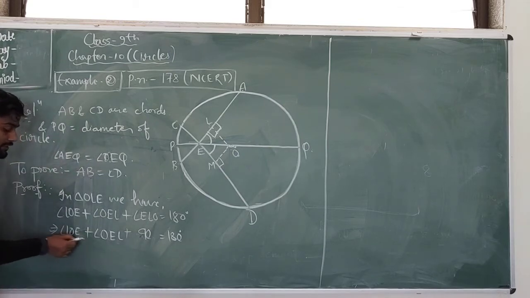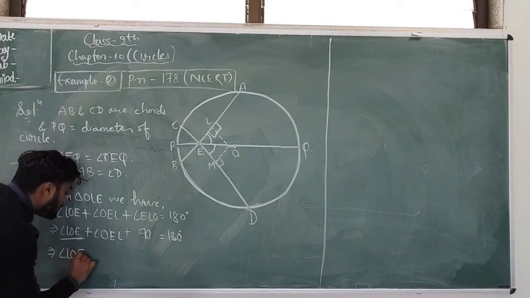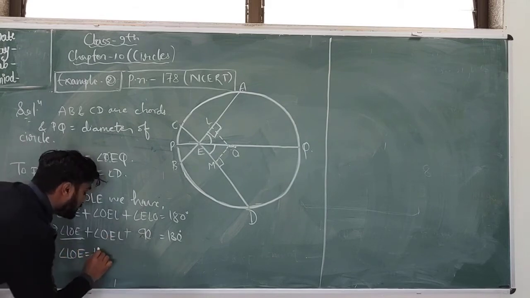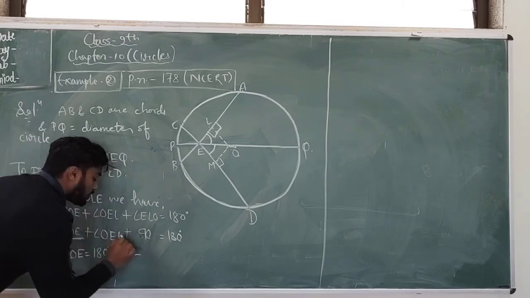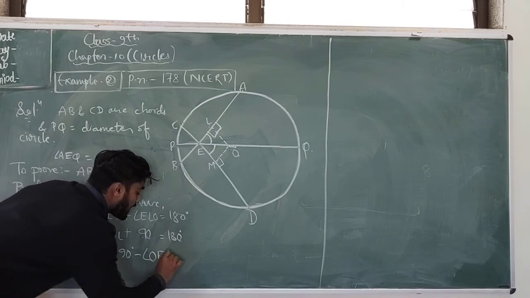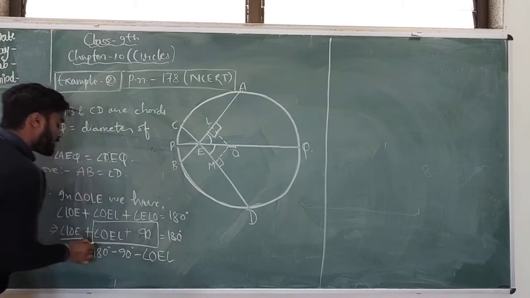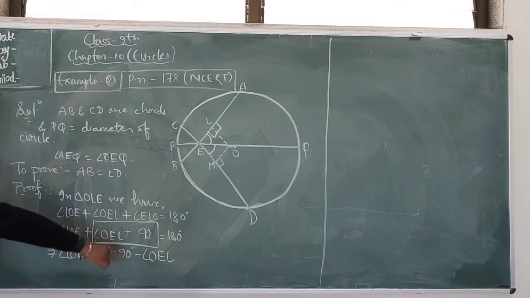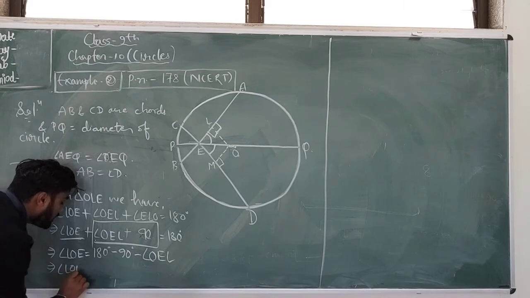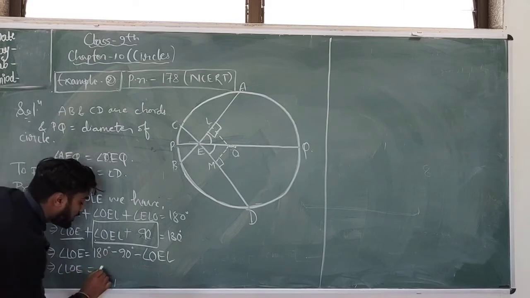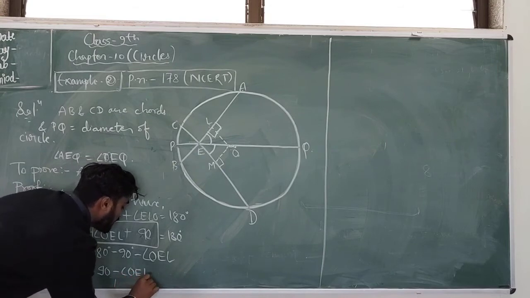To find the value of angle LOE: angle LOE equals 180 minus 90 minus angle OEL. We transposed these terms from the left-hand side to the right-hand side. So angle LOE equals 90 minus angle OEL.